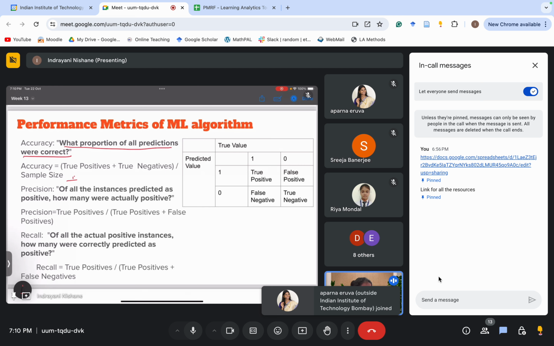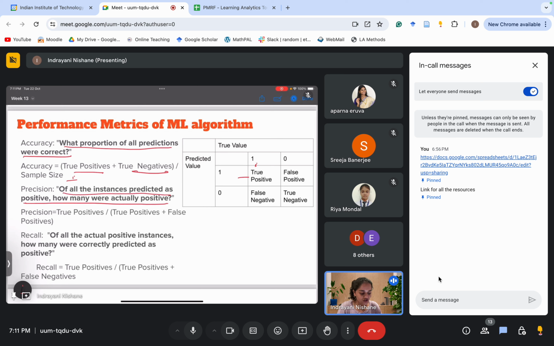True positive and true negative are the actual predictions where the true value and predicted value are the same. True positive is when the true value and predicted value are both positive, and true negative is when both were negative. So these are, in simple English, what precision and recall are, and their formulas. You can refer to this while revising.